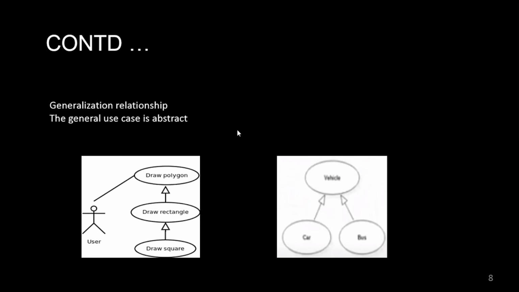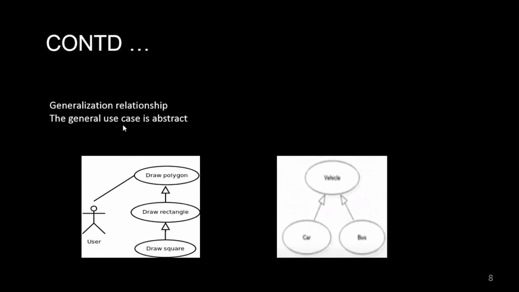Say draw polygon is your general use case, which is abstract. We do not have a clear idea about that particular functionality. So we can use this generalization relationship to make it more specific, showing what the different types of that use case can be.